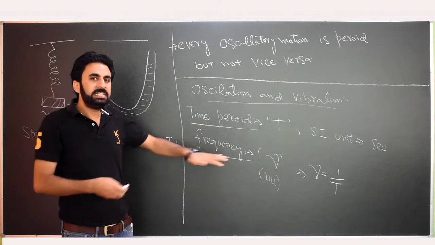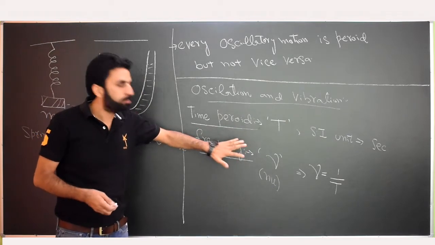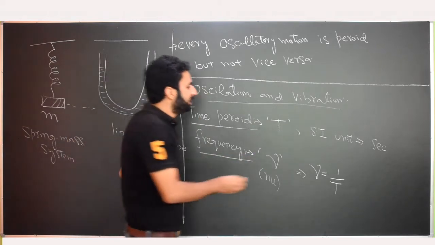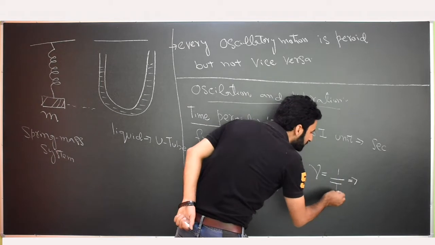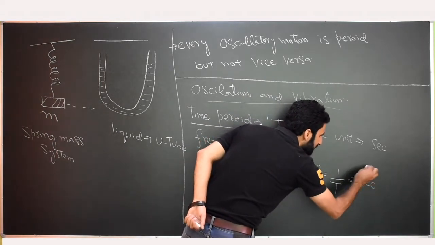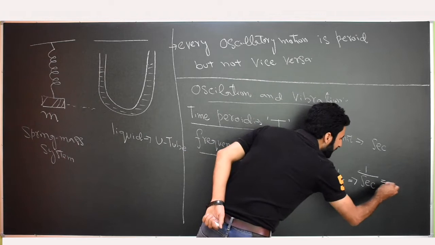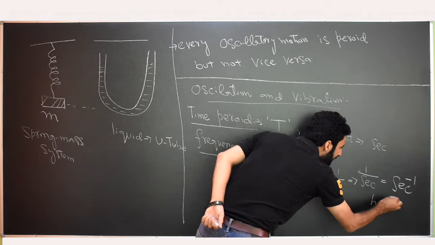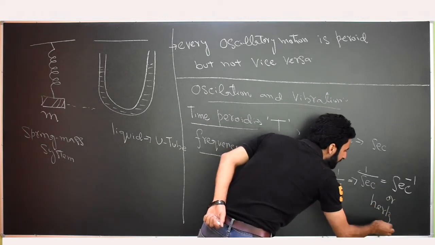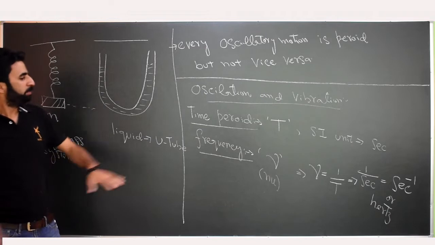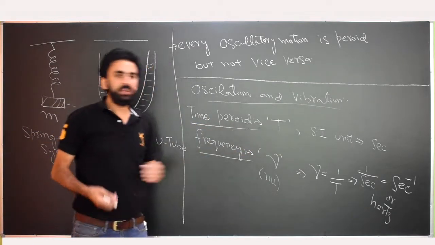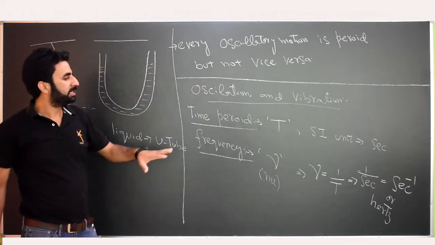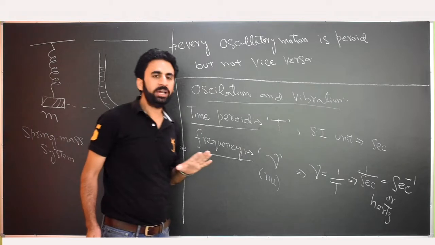So the number of oscillations carried out by a periodic motion in 1 second is defined as frequency. Its SI unit is obviously second inverse, 1 by second, and that second inverse we call hertz. So the time period has an SI unit of second, and frequency, which is the inverse of the time period, has an SI unit of 1 by second, second inverse, or hertz.